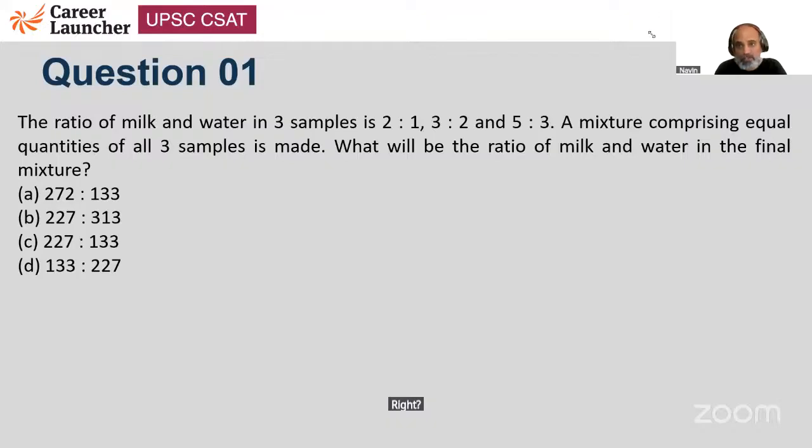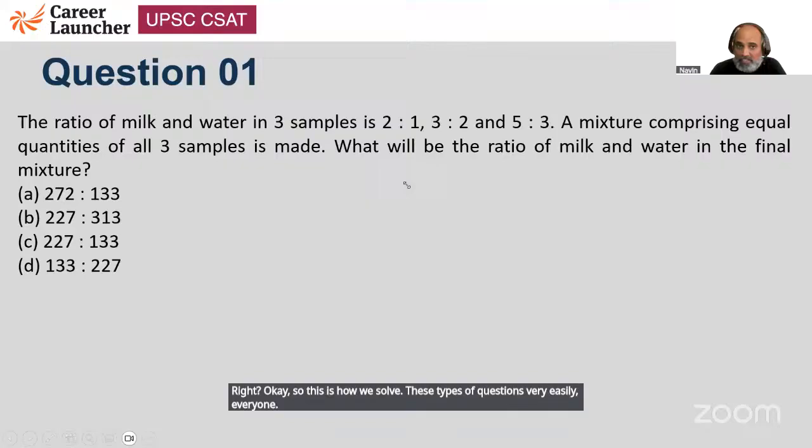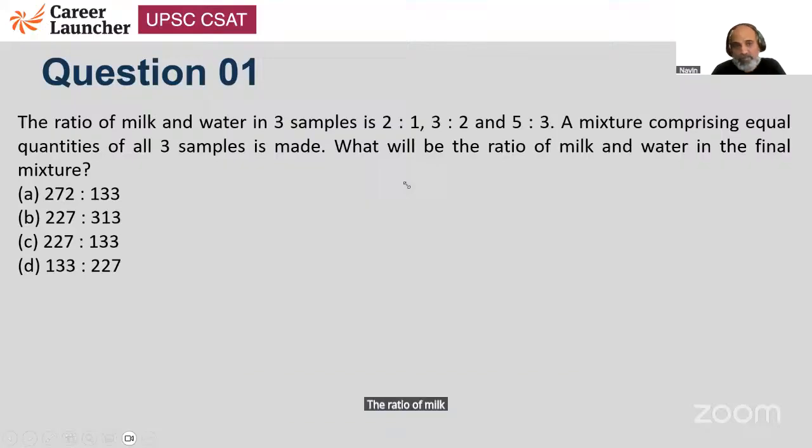Okay, so this is how we solve these types of questions very easily, everyone. The ratio of milk and water in three samples is given, right? So we have milk, we have water. How much of milk do we have here? We have 2 units of milk, 1 unit of water. This is our sample one.